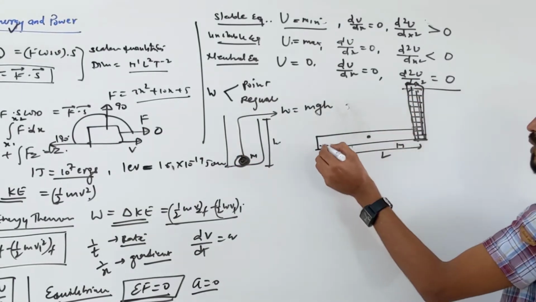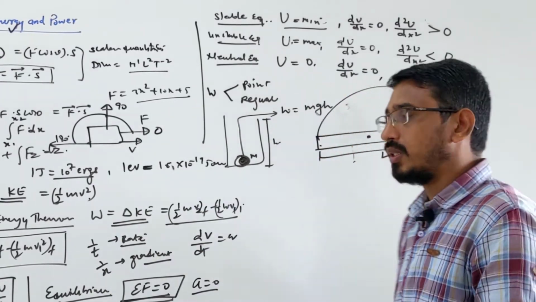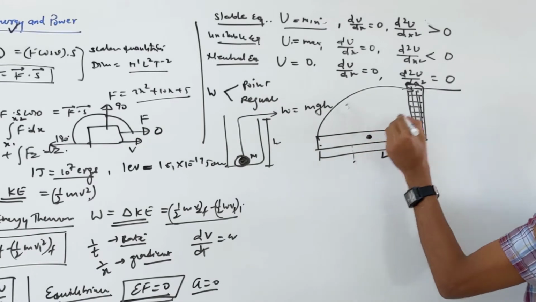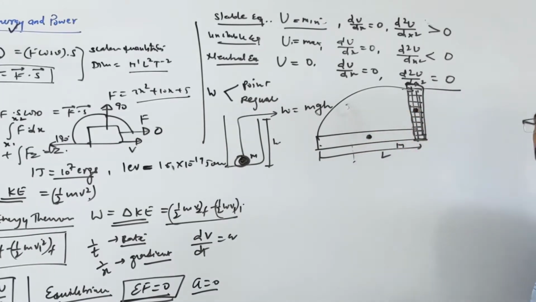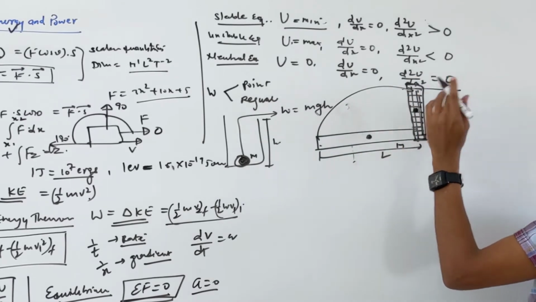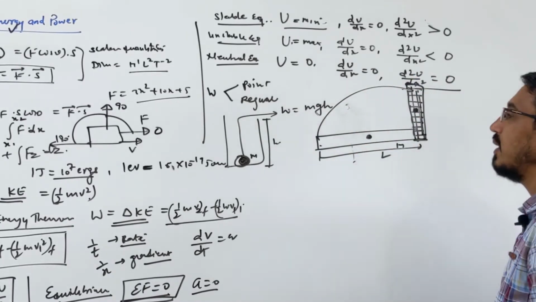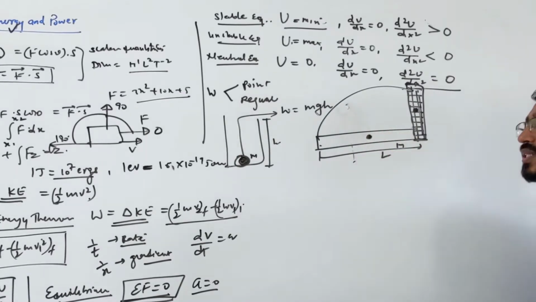In this case, when you are doing work, you always have to talk about the center of mass. Suppose the center of mass is this point, the middle point for a regular uniform body. Here also you are doing work against gravity, so a change in height means a change in potential energy. You always talk about how much the center of mass is shifted.